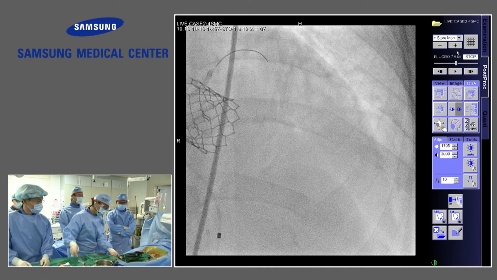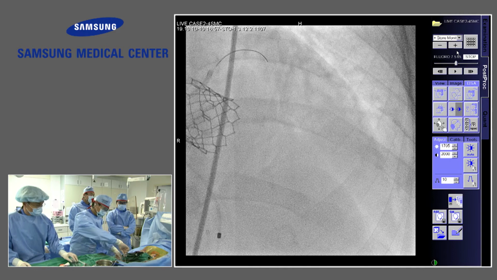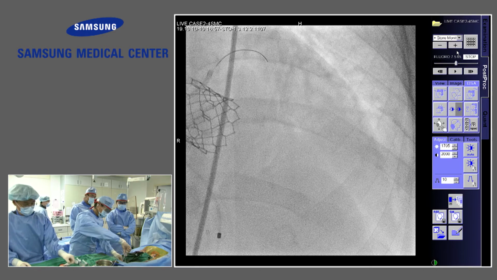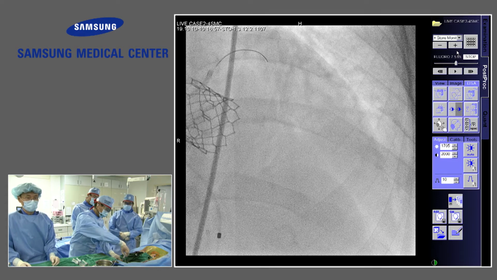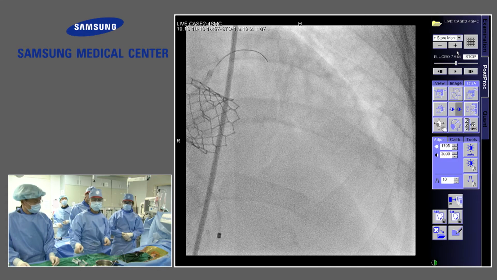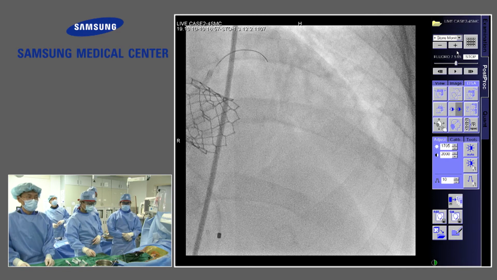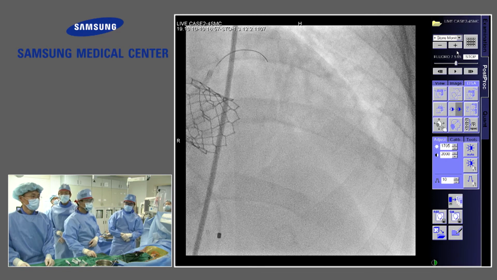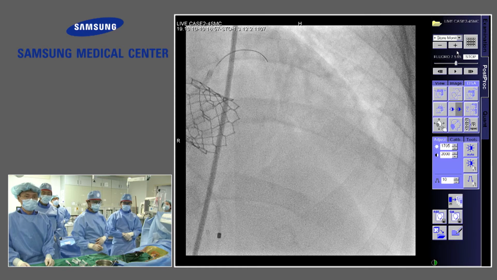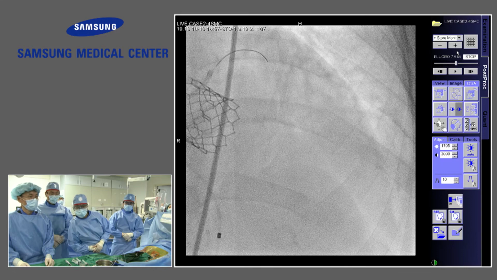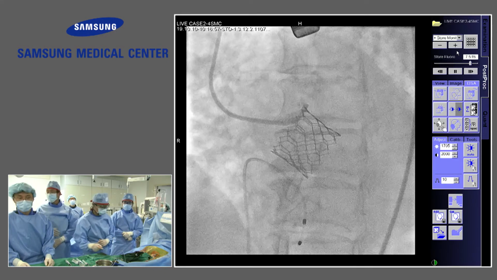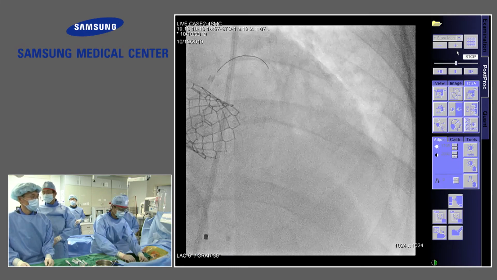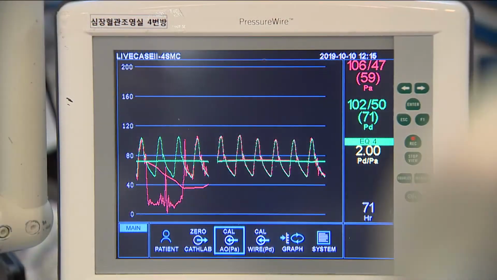Please show us the physiology screening, not your face. Equalization, please. Camera on the screen, please. Camera 2 on the main screen.